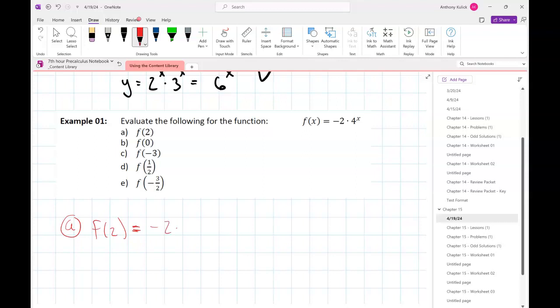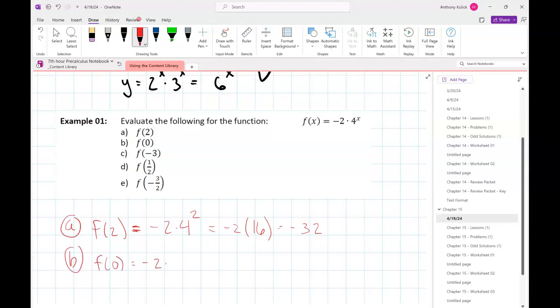So -2 times 4, and then in place of the x, I'm going to put a 2. All right, if I want to simplify -2 times 4 squared, what do I do first? The exponent. What's 4 squared? It's not 8. 16. And then -2 times 16 is -32. So far, so good.